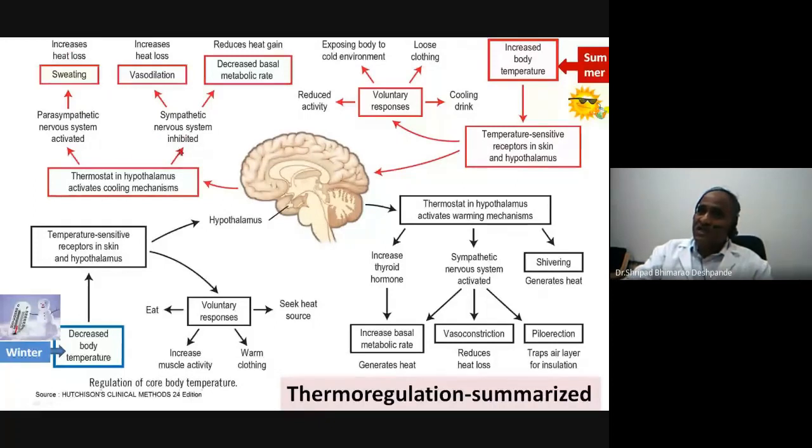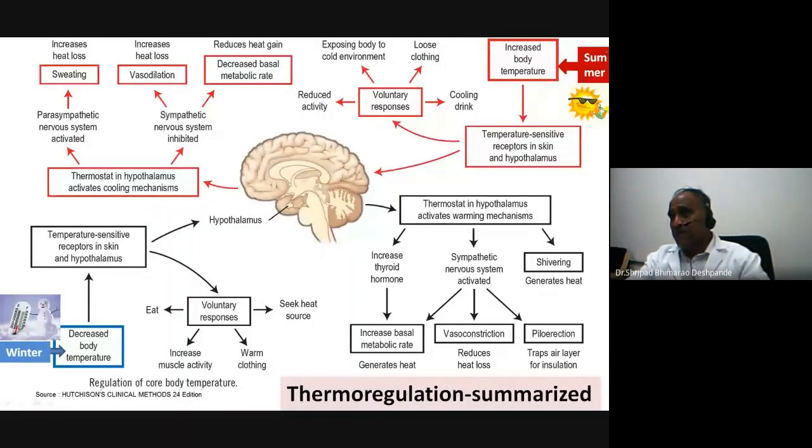And here it inhibits the sympathetic activity. Inhibition of the sympathetic activity produces vasodilatation. Vasodilatation produces heat loss through the cutaneous surfaces. Decreased sympathetic activity decreases the metabolic rate, and a decreased metabolic rate decreases the heat gain. That is how it tries to balance.